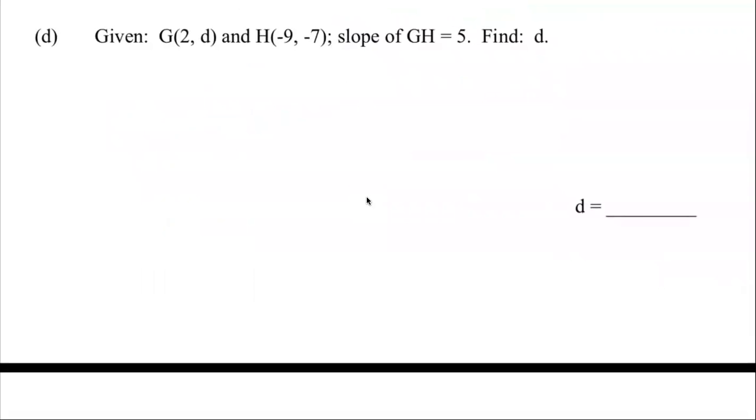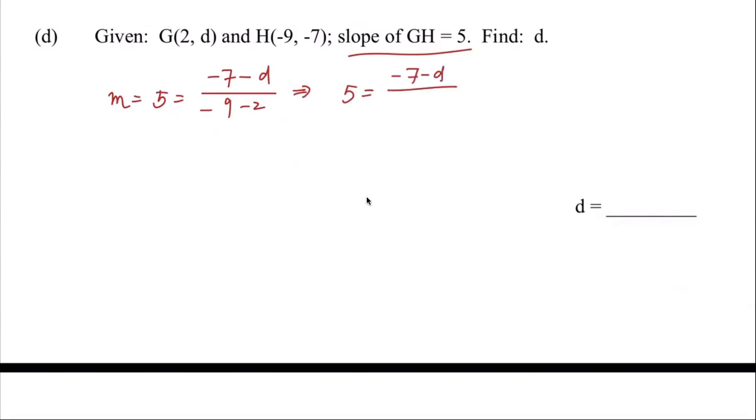The slope m is equal to 5, which is equal to (-7 minus d) over (-9 minus 2).